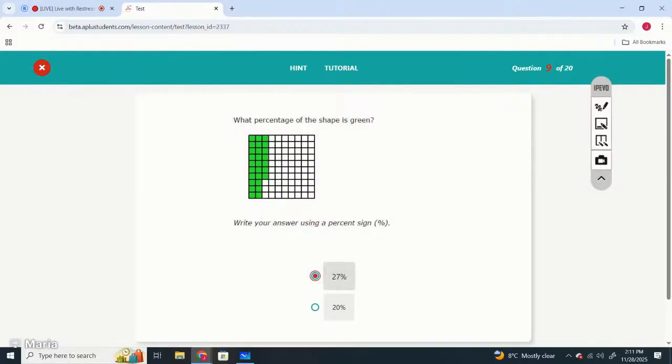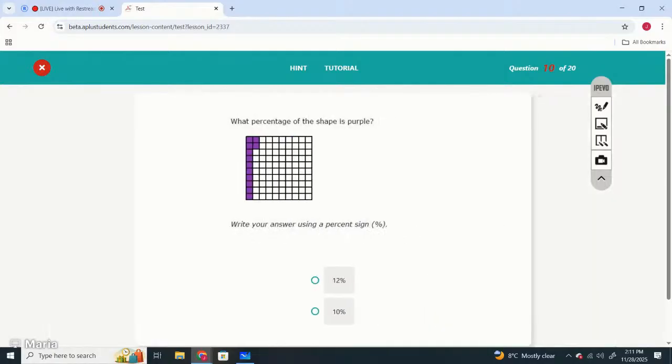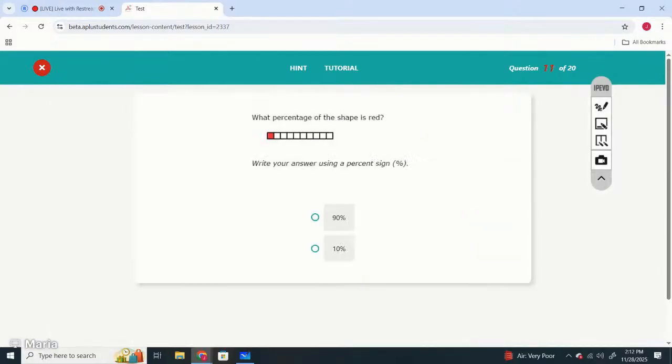That is 27%. Option number 1 is the correct option. What percentage of the shape is purple? That is 12%. Option number 2 is the correct option.